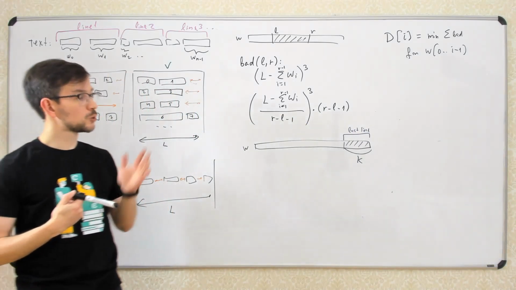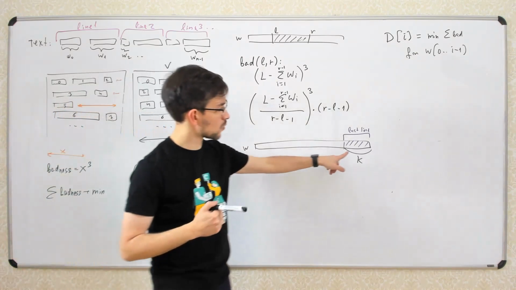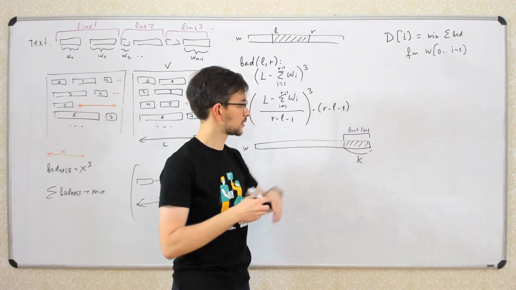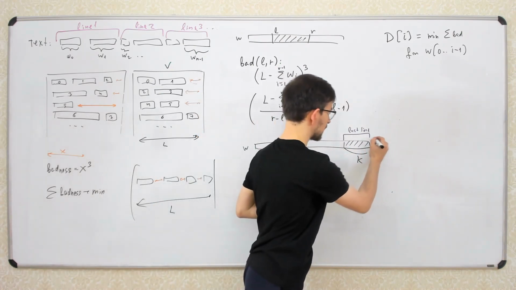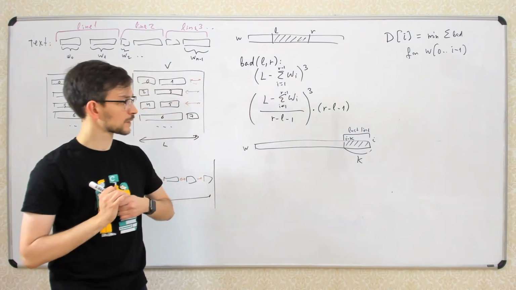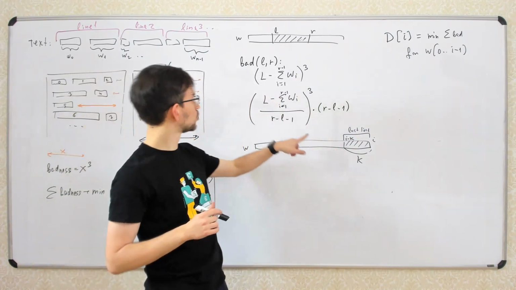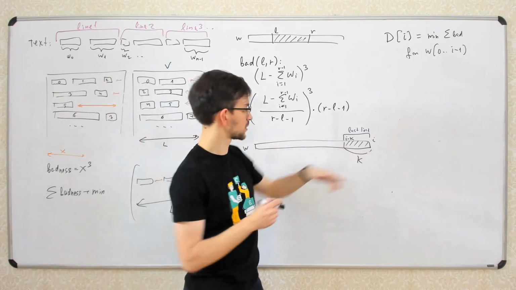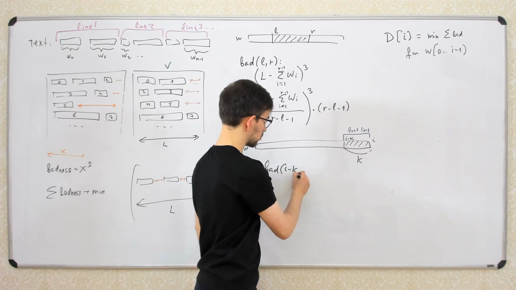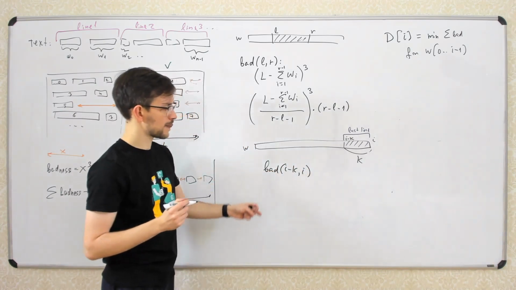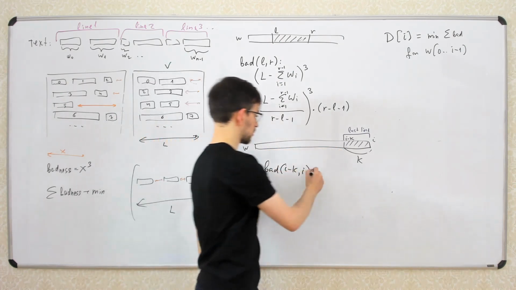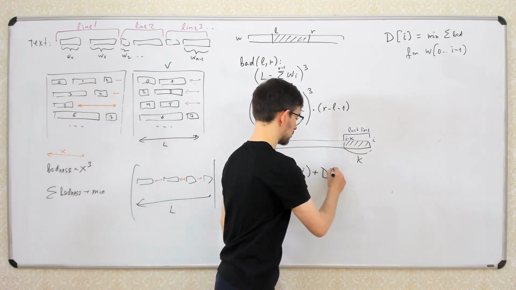Cool. So how do we calculate this? We iterate over the number of words in the last segment. So here we have index i, and this index will be i minus k. In this case, we need to put this segment on a separate line, so its cost will be bad from i minus k to i, and then plus the minimal cost for this prefix, so plus d of i minus k.